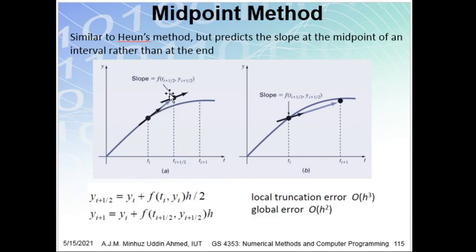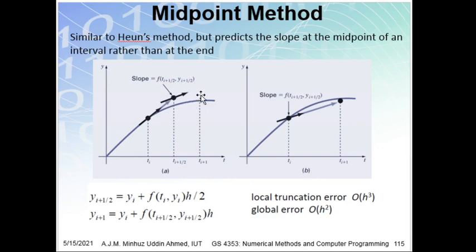But now I will determine the slope at the midpoint between the starting and finishing points of the interval. I will go to the middle point, get the slope at that middle point, and this slope will be applied at the initial point to get the next point here.